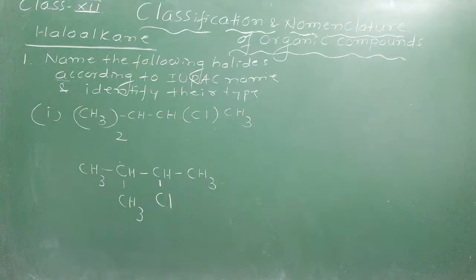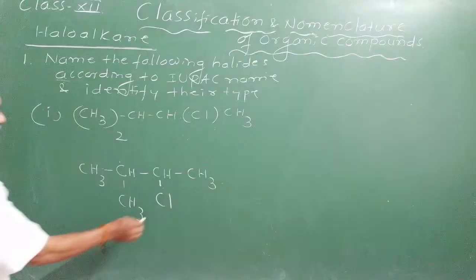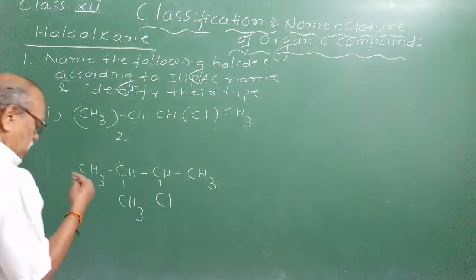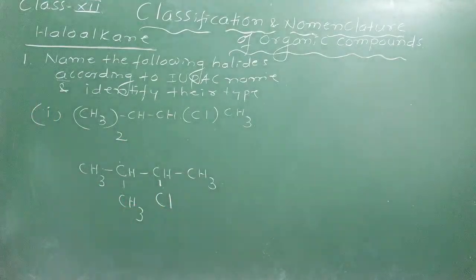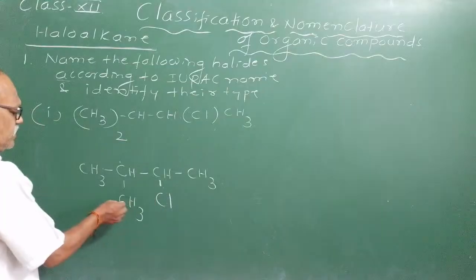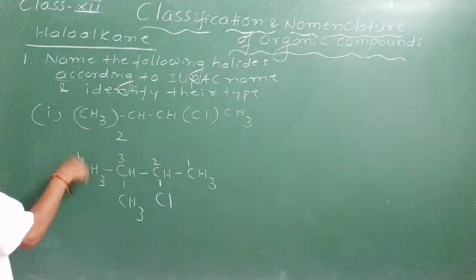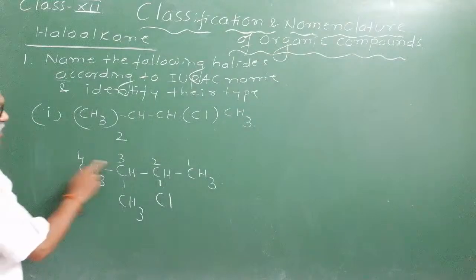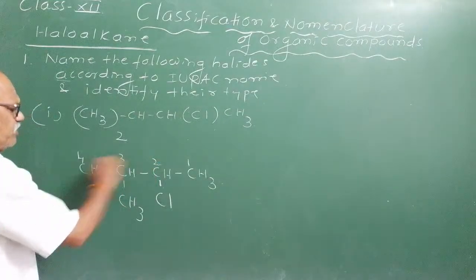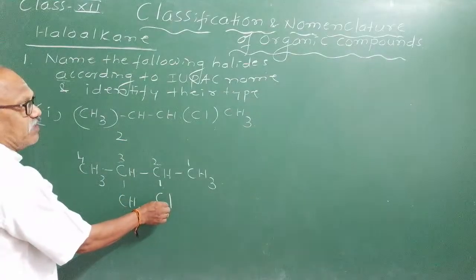Start numbering. When there are two or more substituent groups, you have to number in such a way that alphabetically, whichever comes first gets the lower number. Chlorine comes first. Therefore, number the carbon atoms from the chloro end, from right to left: 1, 2, 3, 4. Here also you get the same locants from either side. In such a case, which one comes alphabetically first?